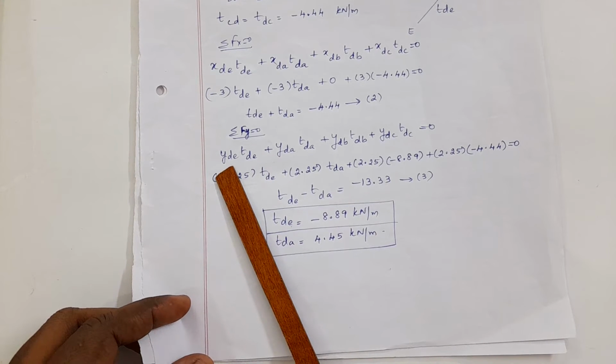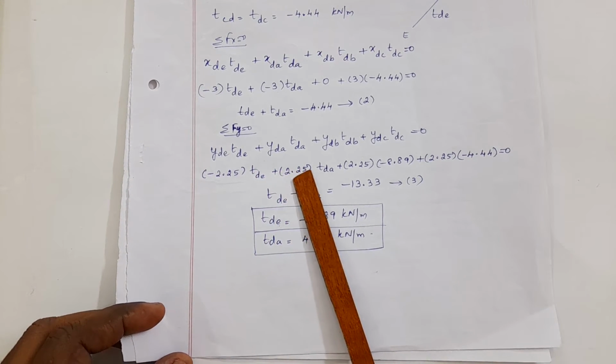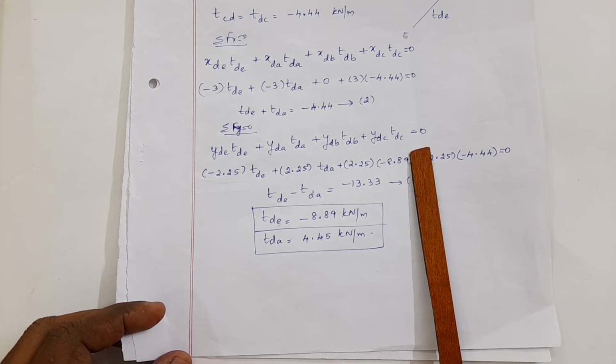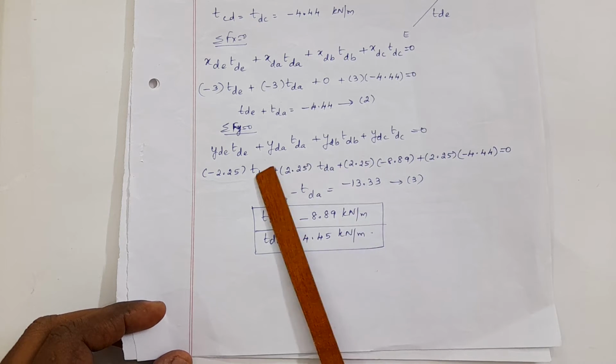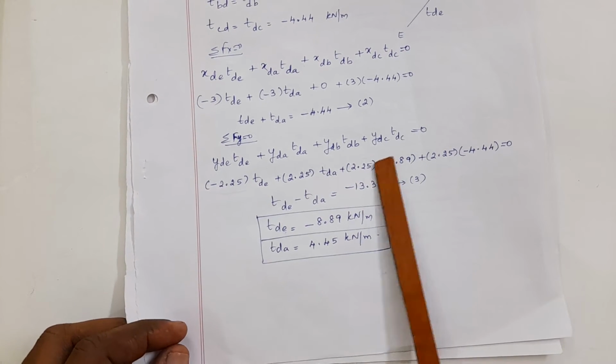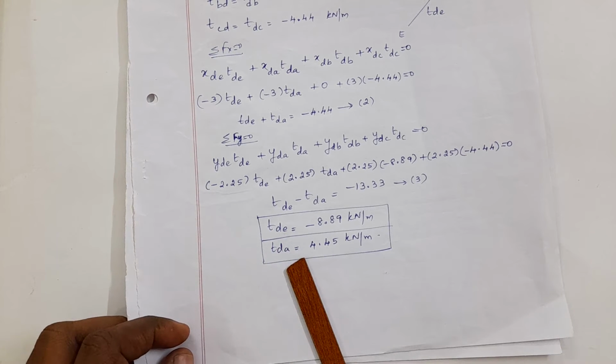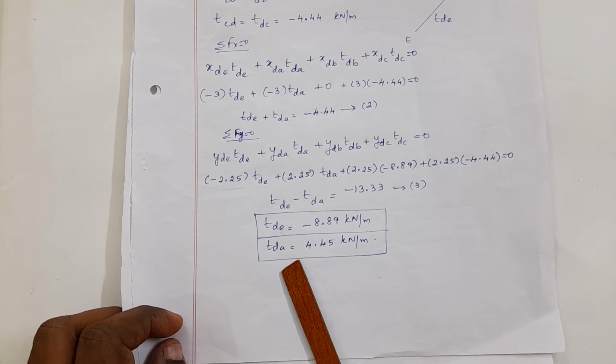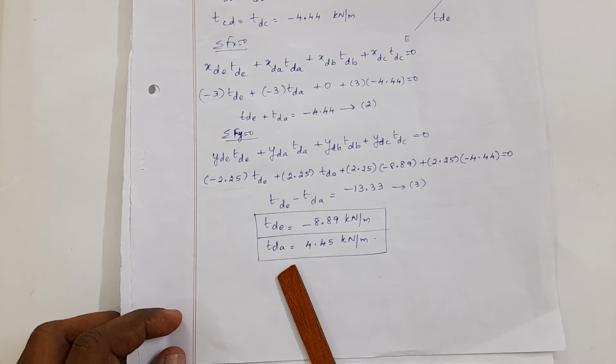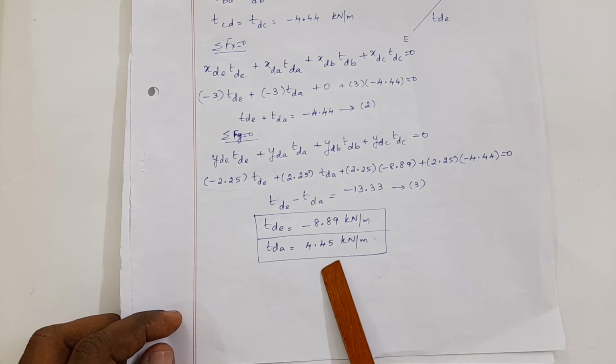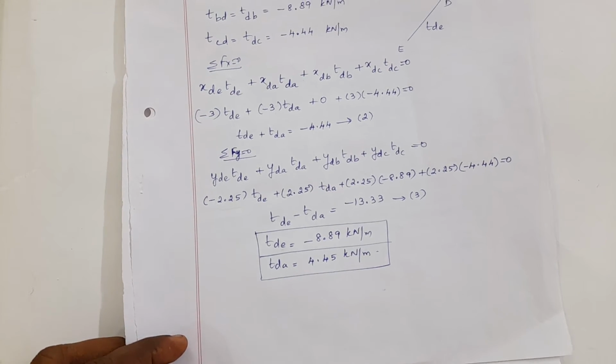Form the equation. Same way y coordinate. Y coordinate for each member joining at D, whether the tension coefficient is known or unknown. I write all coordinates in x and y direction with the corresponding tension coefficient, then summation equated to 0. Finally solve simultaneously to get the value of unknowns.